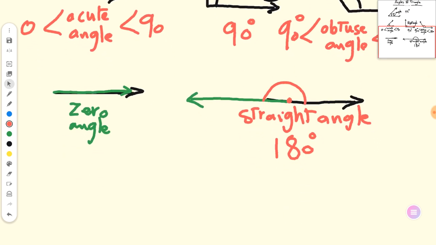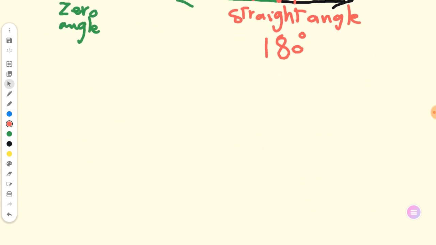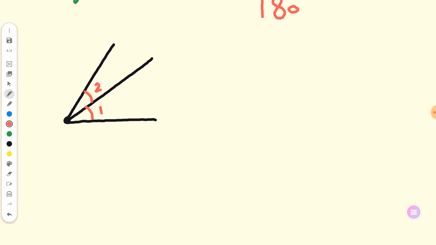There is a relation between angles too. If I have two angles in this form with the same starting point, so I have angle 1 and angle 2, we call the relation between angle 1 and angle 2 adjacent angles.